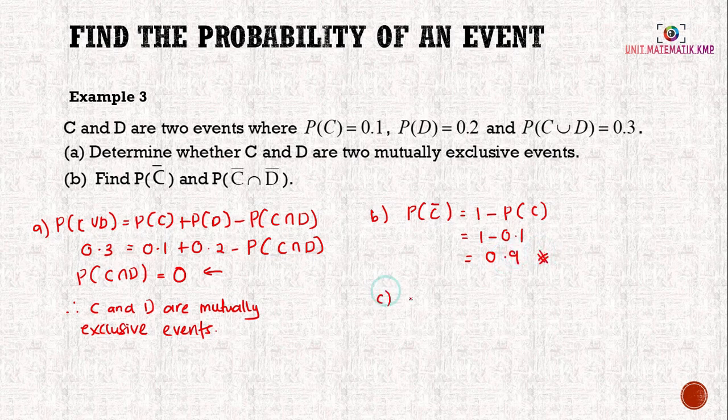In question C, the probability of C bar intersect D bar. Okay, probability selain daripada C dan juga selain daripada D. Jadi kita akan ambil total probability which is 1 minus probability of C union D. Okay, so 1 minus 0.3, so you can get 0.7.